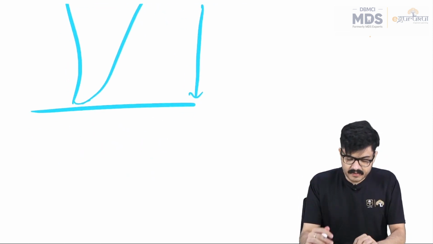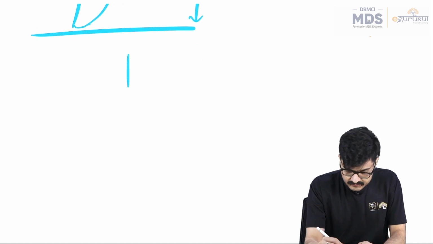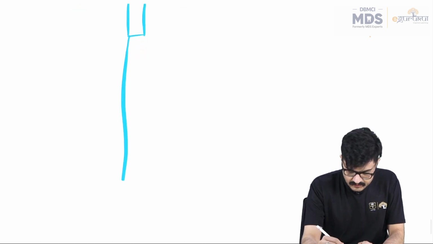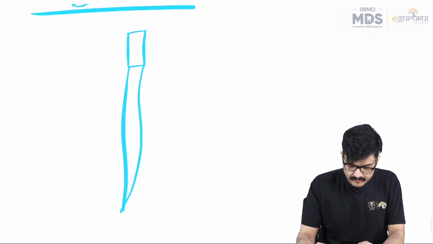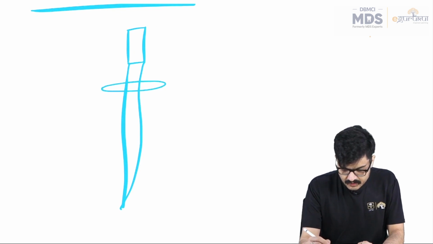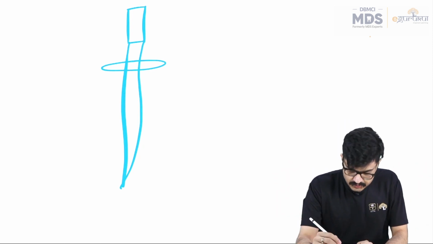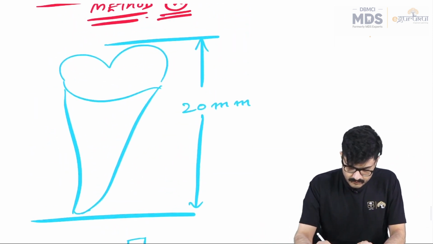I keep my file at exactly 19 millimeters, right? So that's my file. It goes inside my root canal, right? And I've set my rubber stopper exactly at 19 millimeters. So now see.